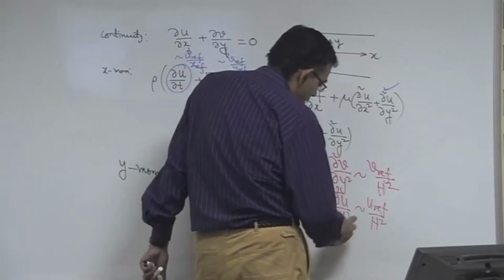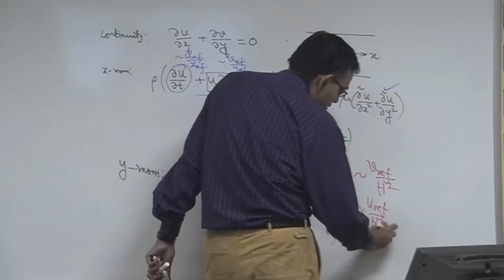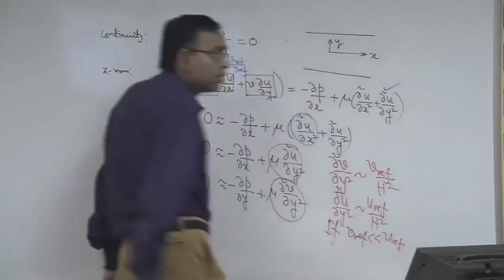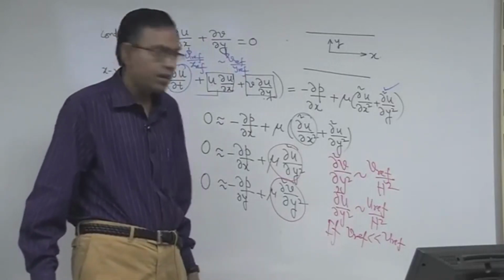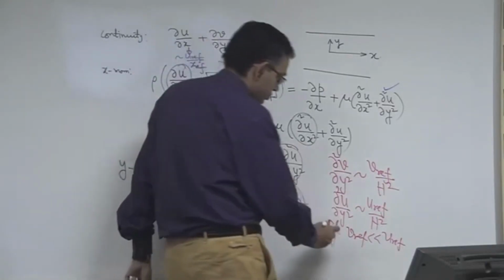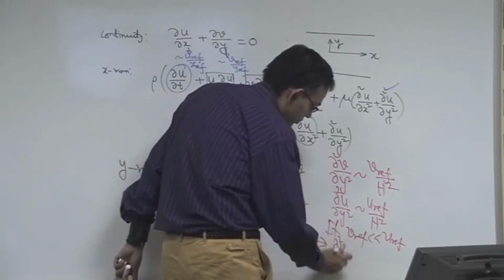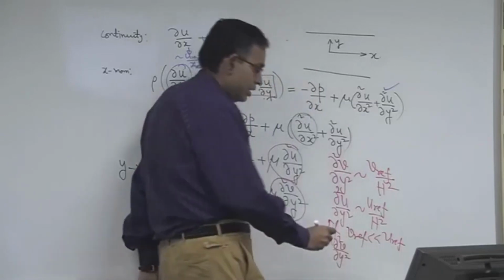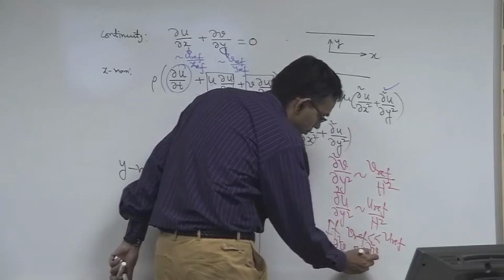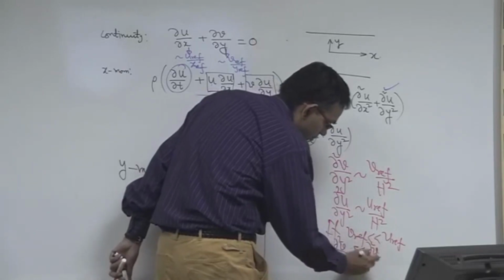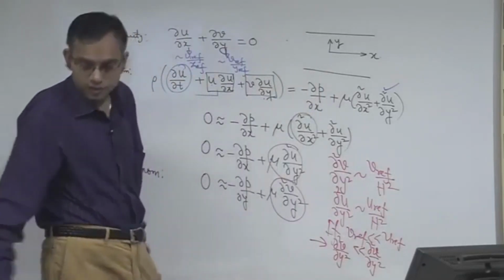If v reference is much less than u reference, which is true if y reference is much less than x reference, then this term is much less than del square u del y square.